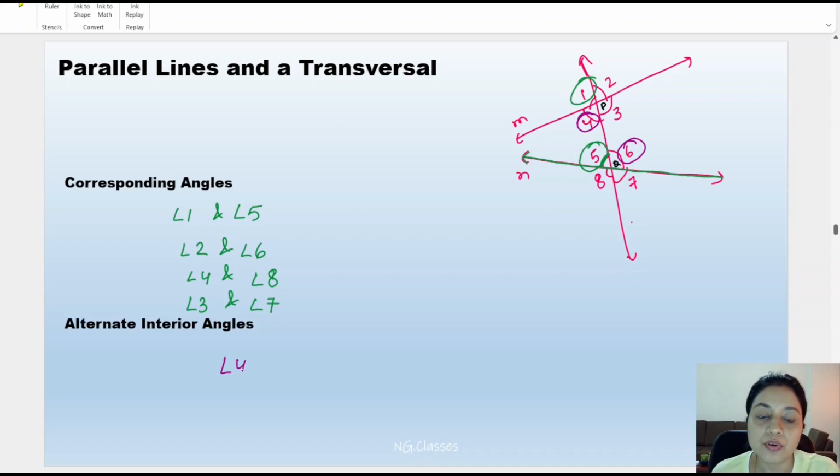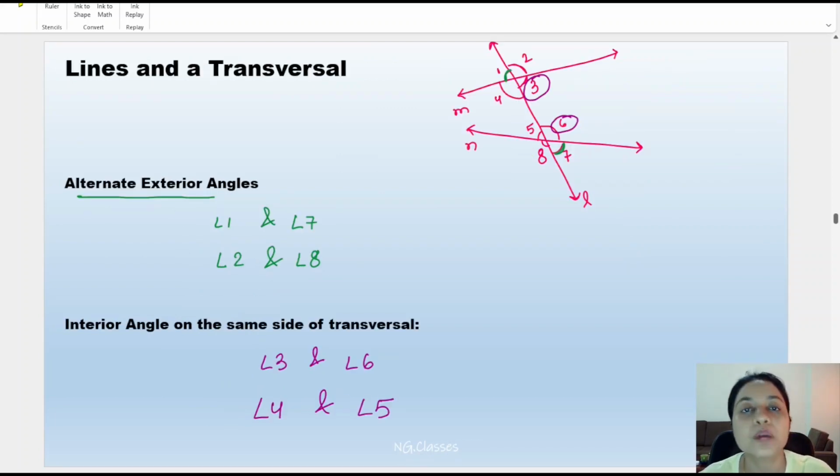So angle 4 and angle 6. Similarly, angle 3 and angle 5. Now one thing you must know from here is when line M is parallel to line N, then we can say the alternate exterior angles are equal to each other.